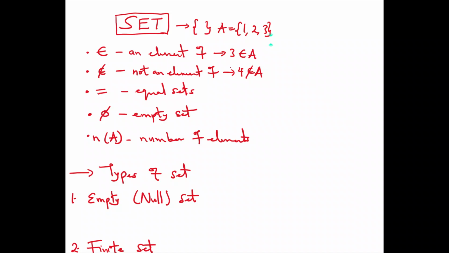The next one is equal sets. Whenever two sets have the same elements, even if they are written in a different order, they are still the same, because in a set the order does not matter, and you also cannot repeat elements in a set.